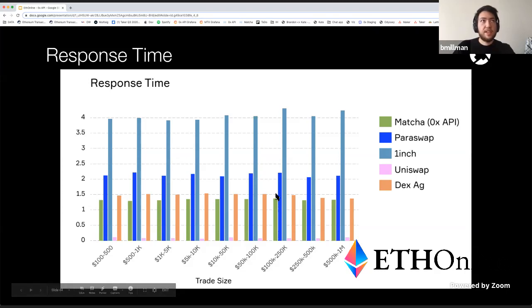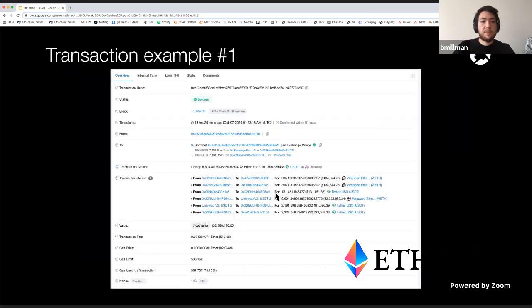Cool. So that's it for the metrics. As a result of all of this optimization, we produce the best outcome for traders who need liquidity, especially for those who need large volumes. Take these transactions, for example. I'll link these afterwards again.